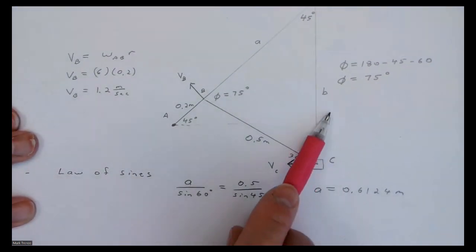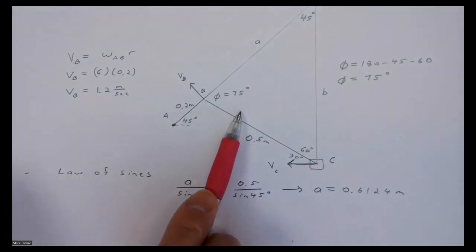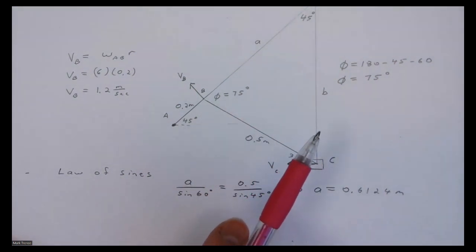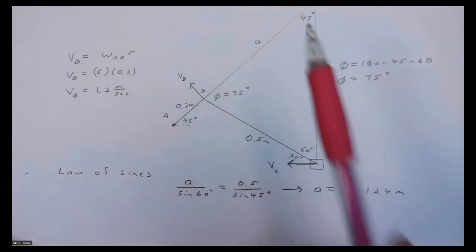And then the same way we could solve for B. If we put B over the sine of 75, that's going to be equal to 0.5 over the sine of 45.